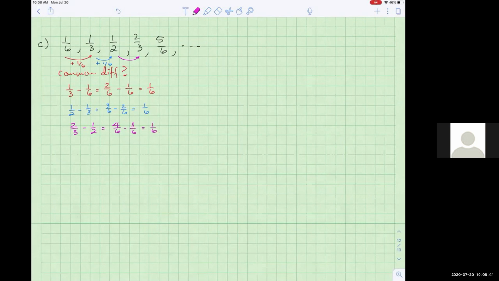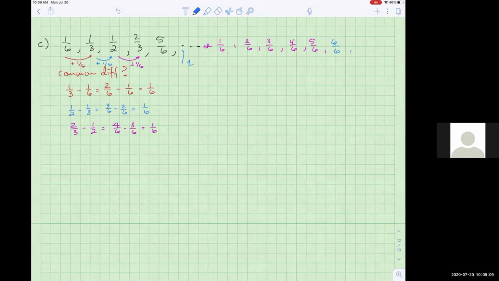And again, as I said before, simplification is the enemy of pattern finding, and this probably would have been a bit more clear if we'd have just written this as 1/6, 2/6, 3/6, 4/6, 5/6, and then you could probably tell me what the next one is without hesitation. 6/6, or 1 would have been the next term there.